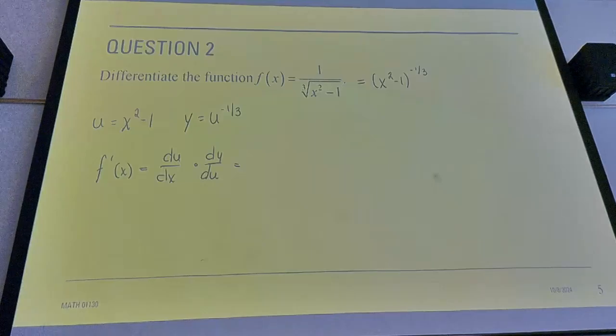So be careful. While it's convenient to think of this as when you multiply those two together, the du's cancel out, and you'd be left with dy dx.